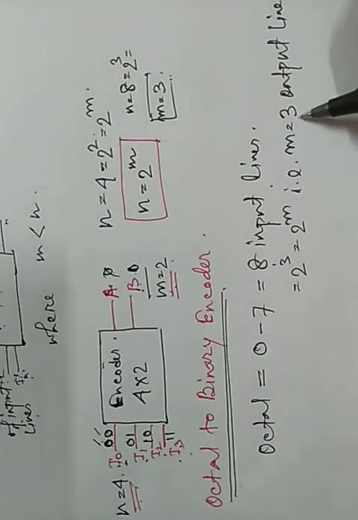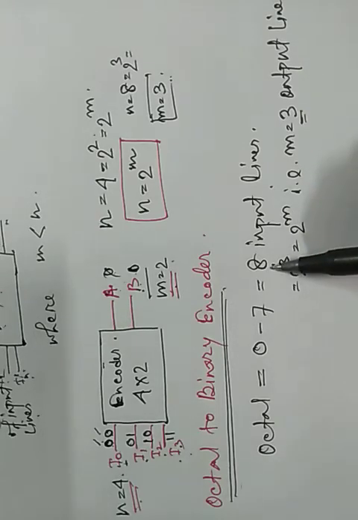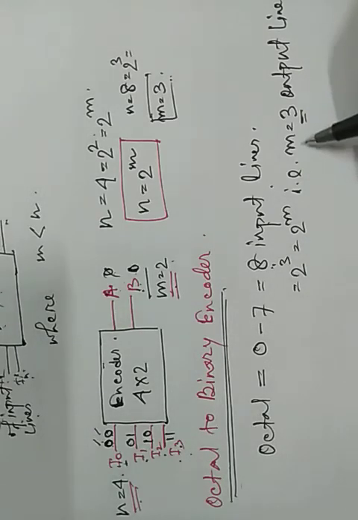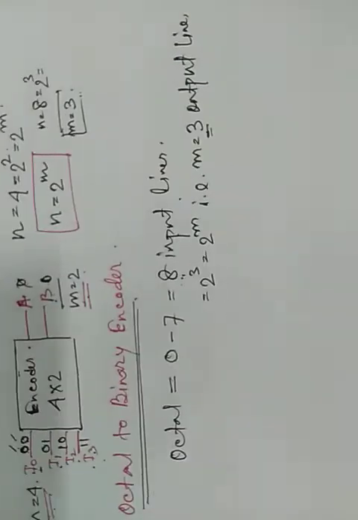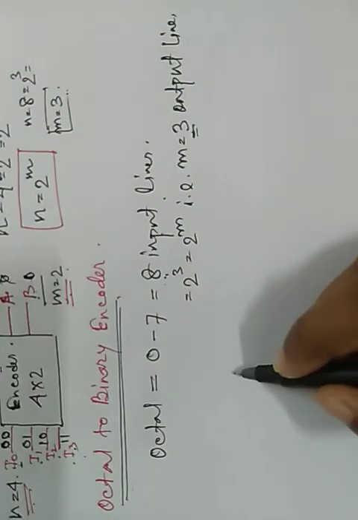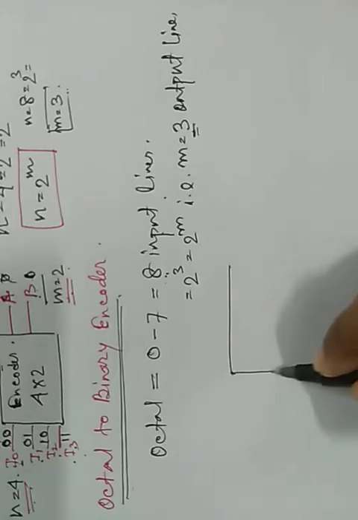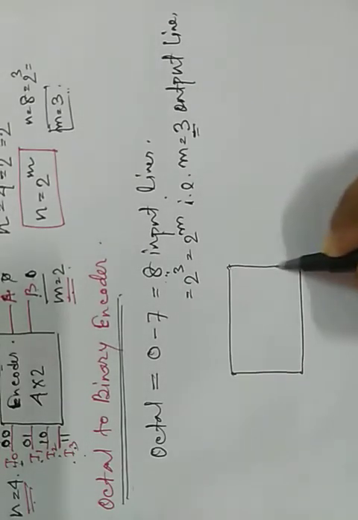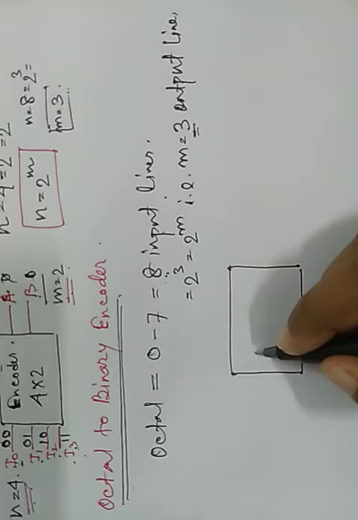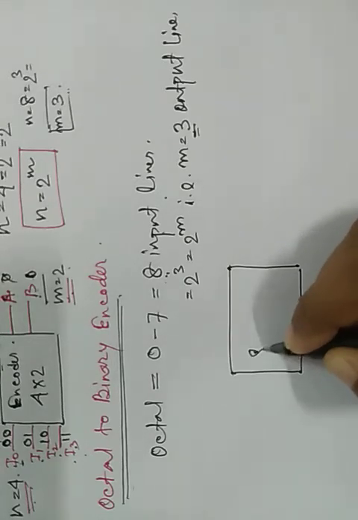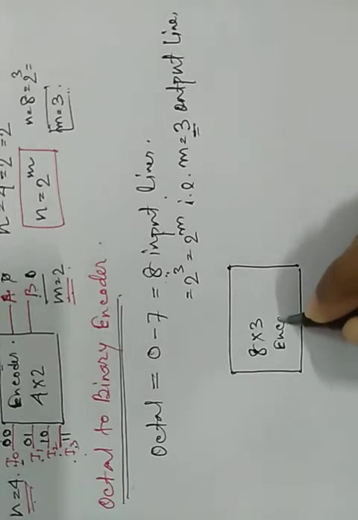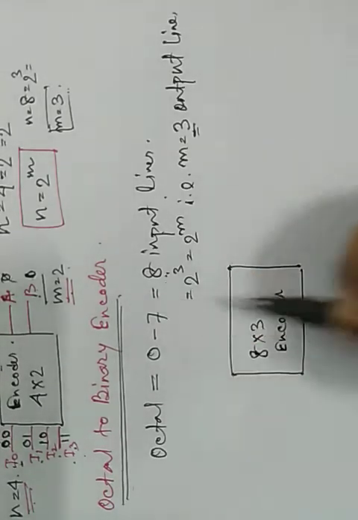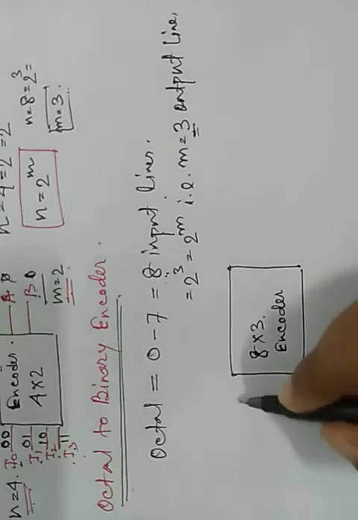Okay, that means 3 output lines can detect 8 input lines. We know that in the truth table, 3 input combinations give 8 combinations. So if we draw the block diagram, it is an 8 into 3 encoder, that means octal to binary encoder, also known as 8 into 3 encoder.